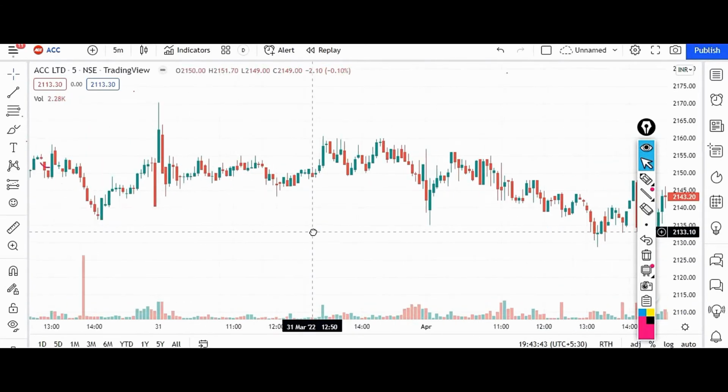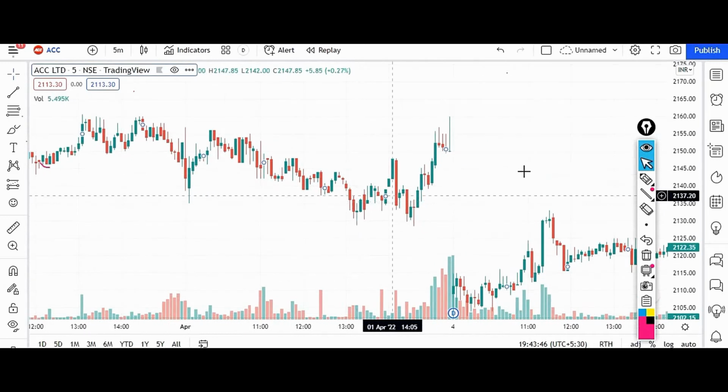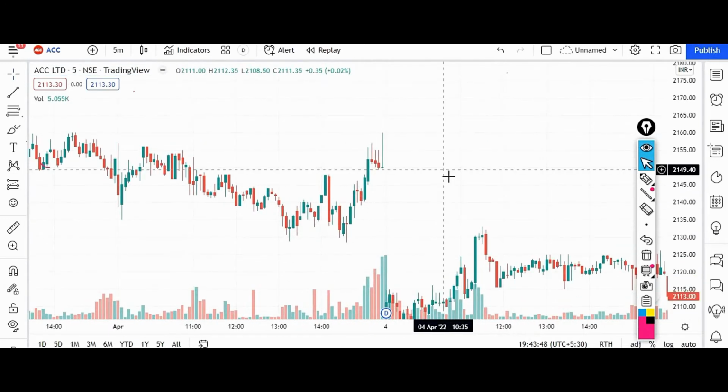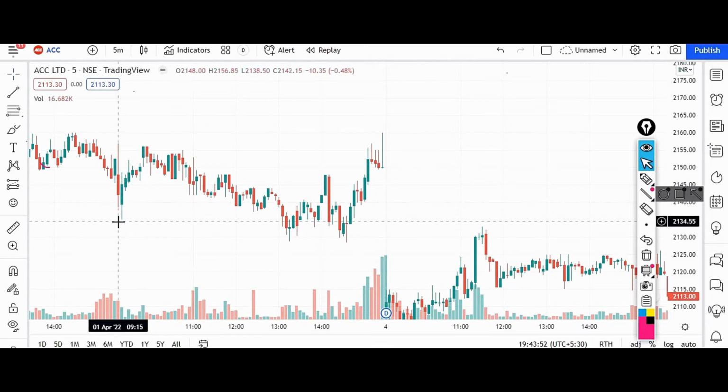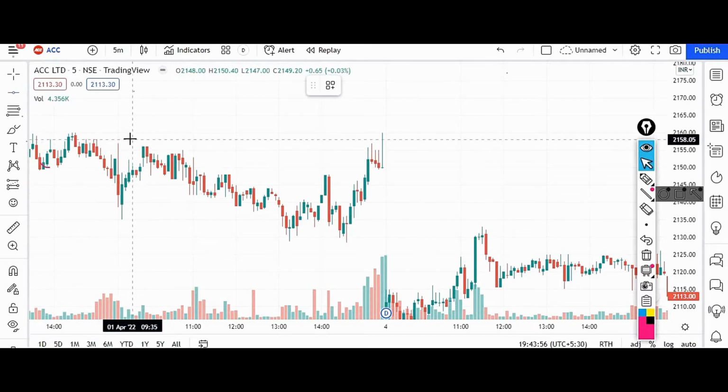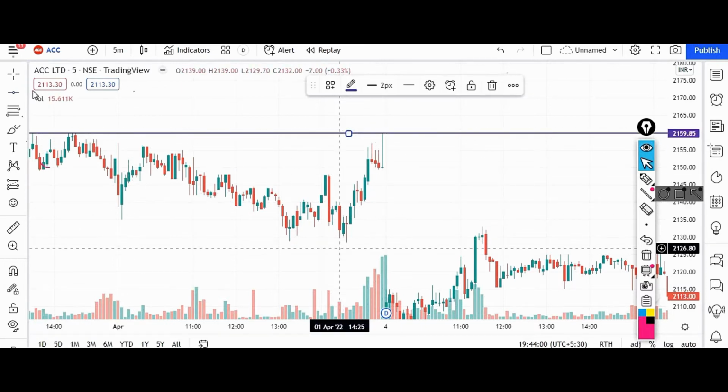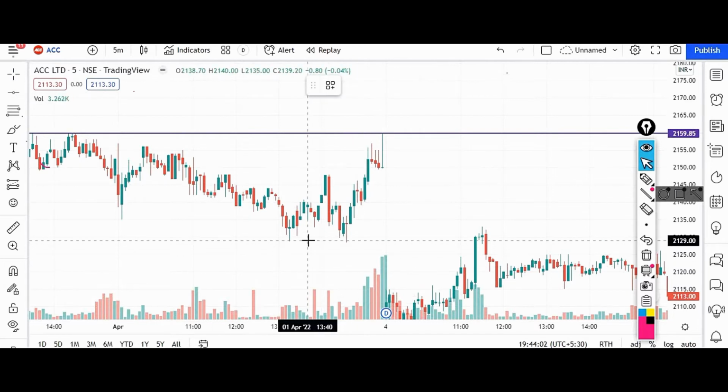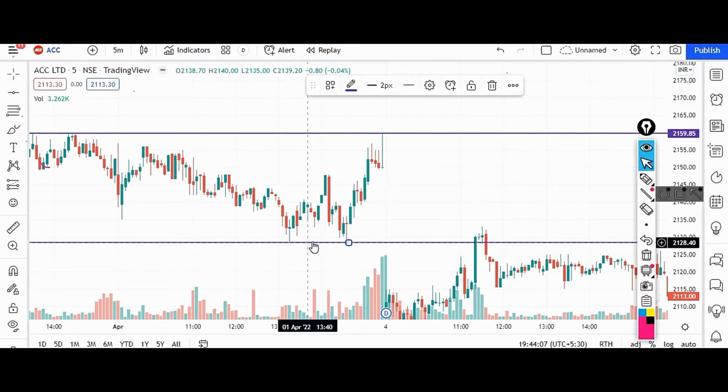To trade ACC from April 1st, we just mark the levels. Previous day high is 2159 on April 1st and 2128 for the low.